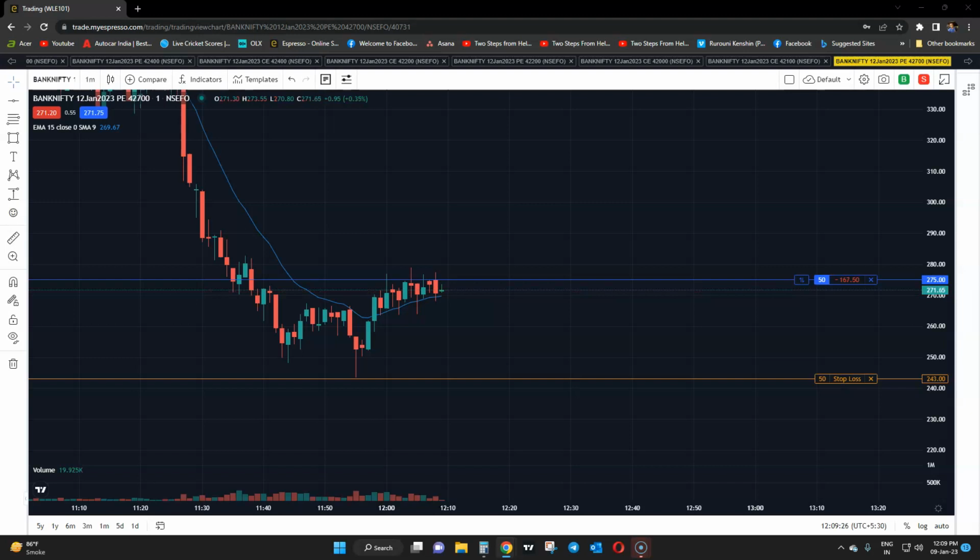It should have correction at least till 42580 now. We should at least move till 300.